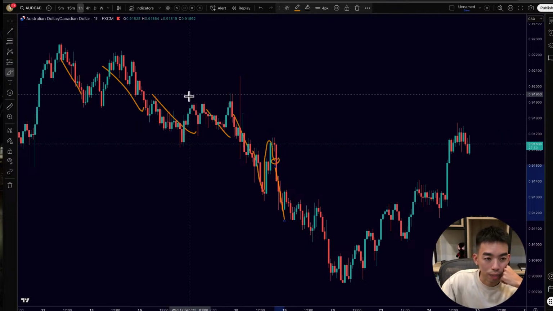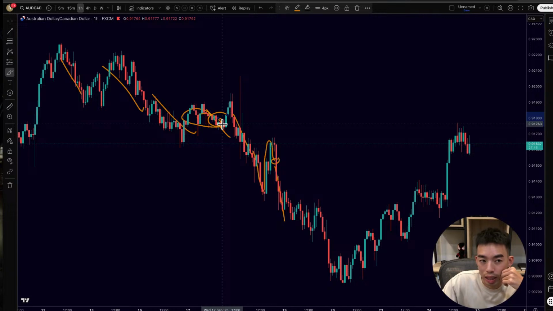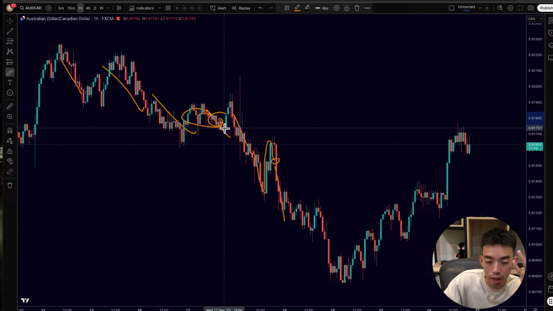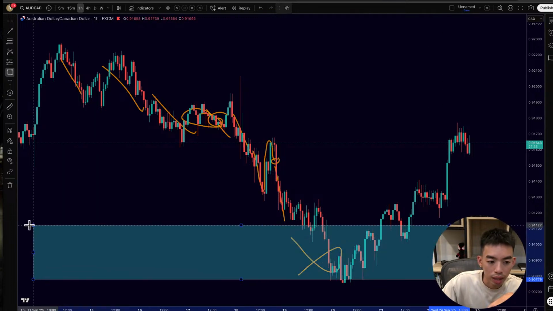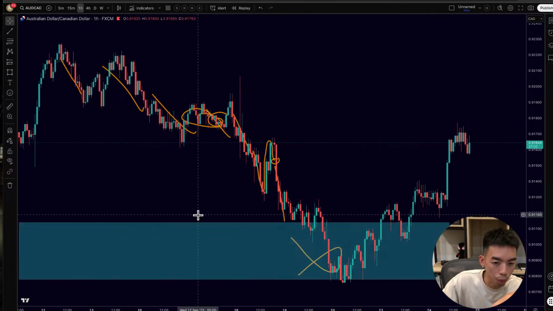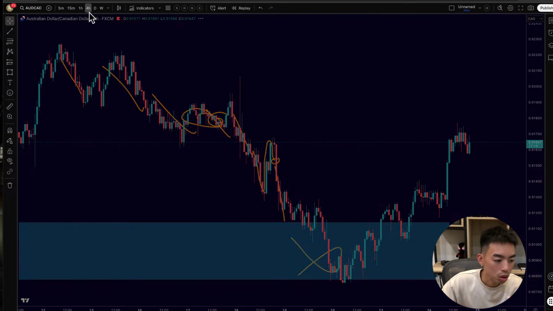You may think that the buy could be happening here, but without knowing that this breach happened on the daily time frame, and that you're supposed to wait for price to pull back all the way into this higher time frame zone before looking for a buy, you'll get caught. That's why it's so important to identify the right anchor time frame first before going down to the lower time frame. Otherwise, there's going to be a lot of problems. Hopefully that answers your question.